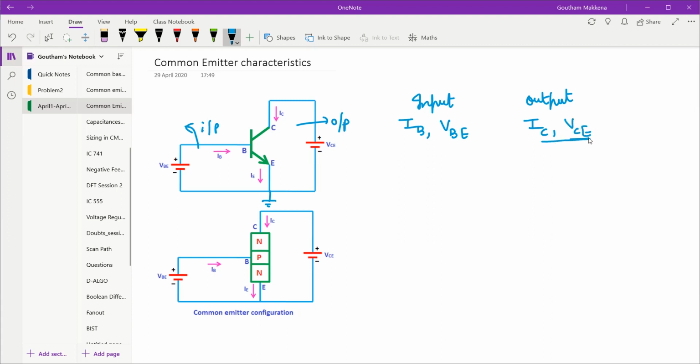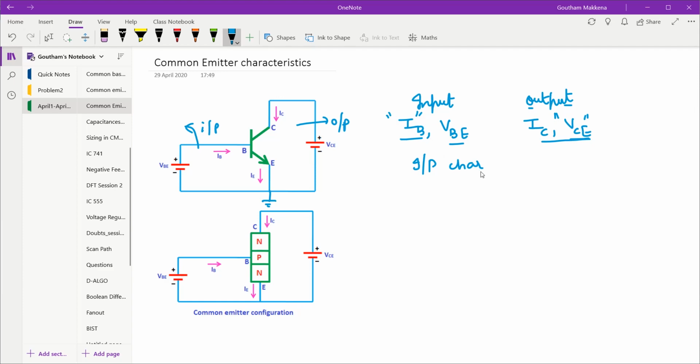Like with the common base characteristics, we'll also go with a set of input characteristics, that is IB versus VBE for different values of VCE, and a set of output characteristics, that is IC versus VCE for different values of IB.